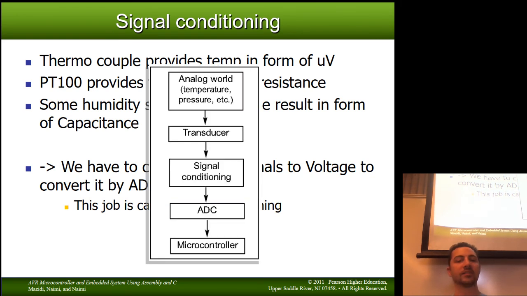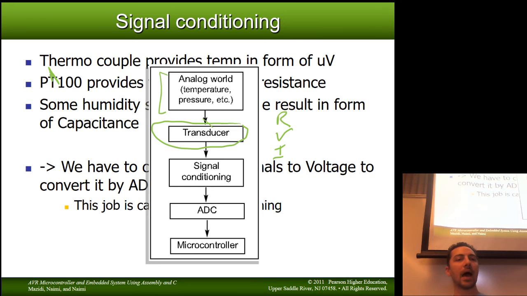The basic idea of signal conditioning, we talked about it right at the beginning of class. You have the analog world. Doesn't matter what you are sampling. And it's going to go through some kind of a transducer. That transducer is going to have some kind of an electrical output, either voltage, current, or resistance.